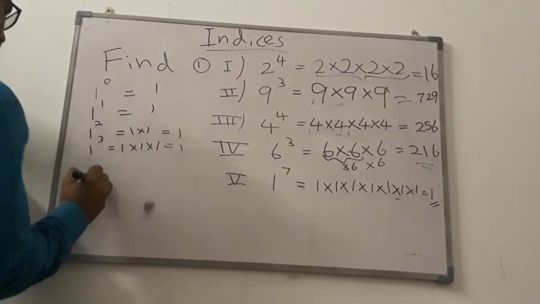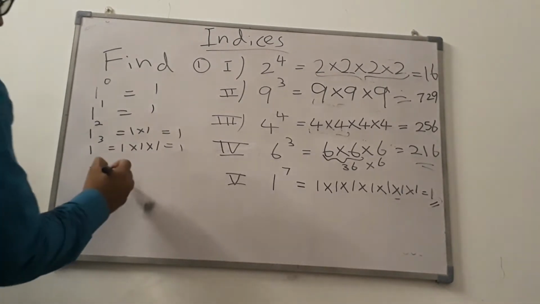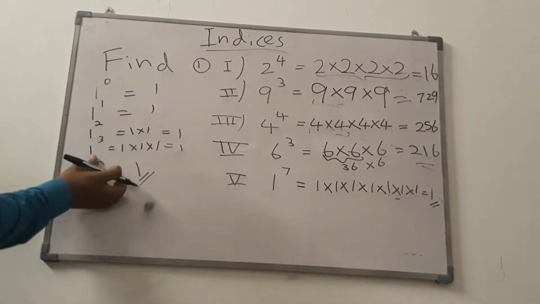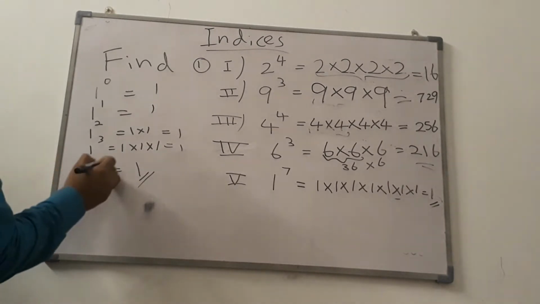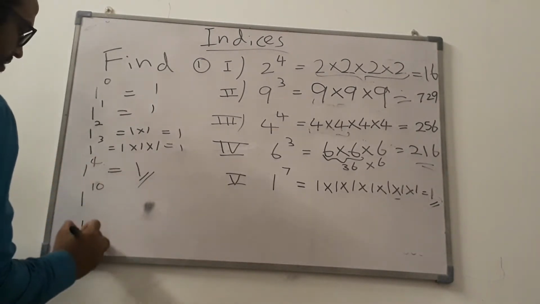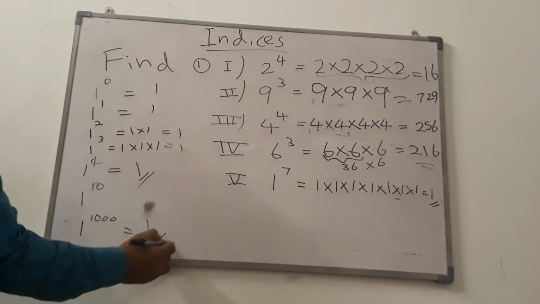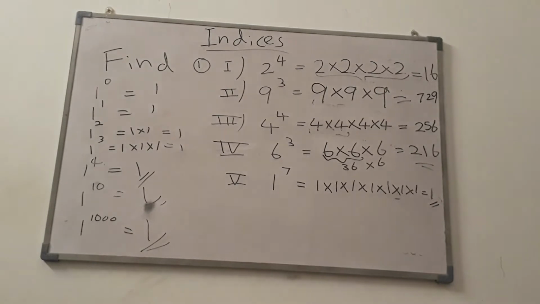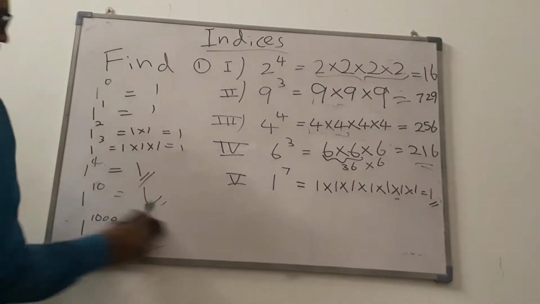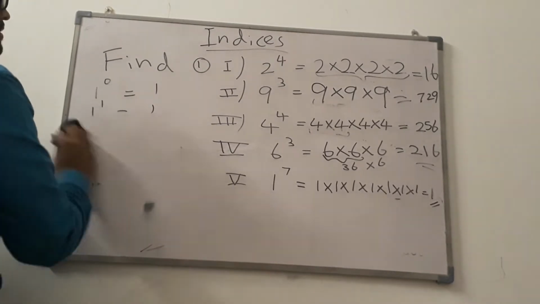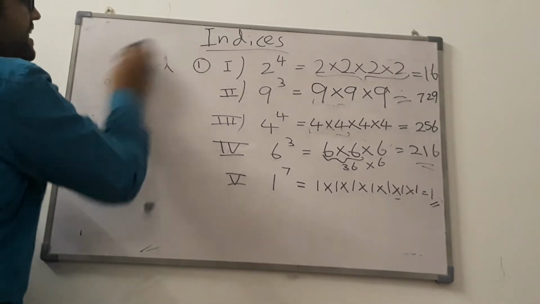So 1 to the power whatever, the answer is 1. Keep it in mind: whether 1 to the power 4, or 1 to the power 10, or 1 to the power 1000, 1 to the power of anything is 1. Keep these in mind. Find the values of these.